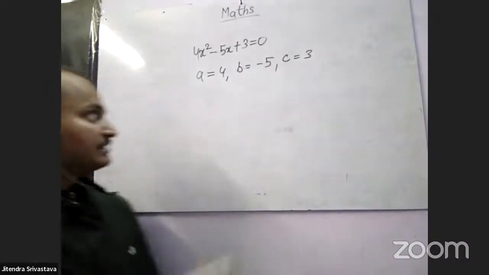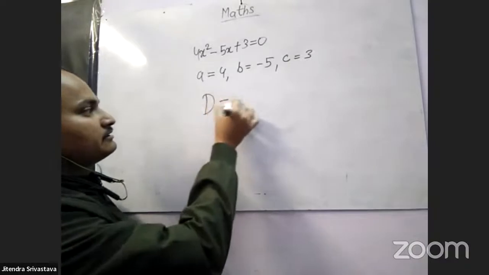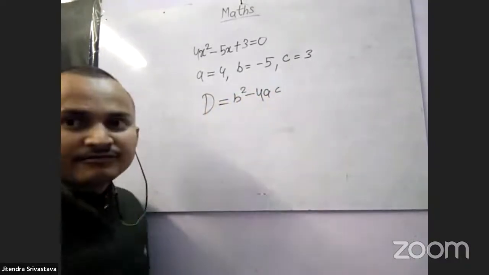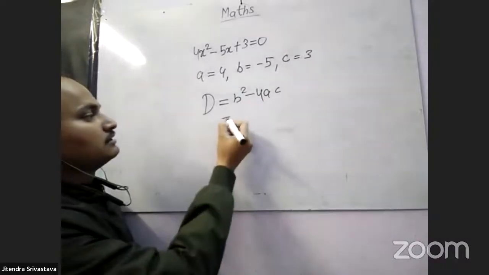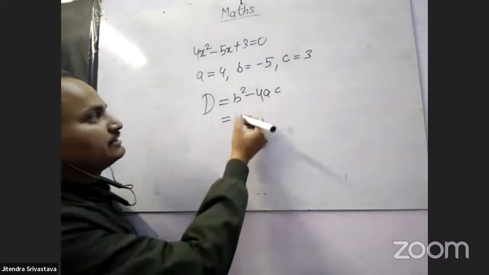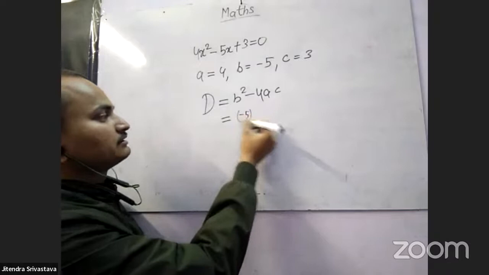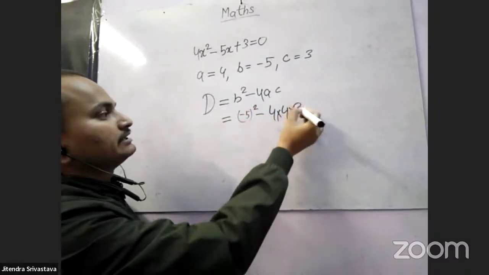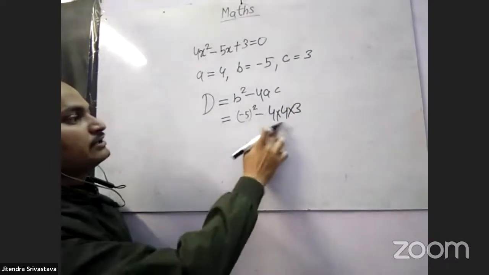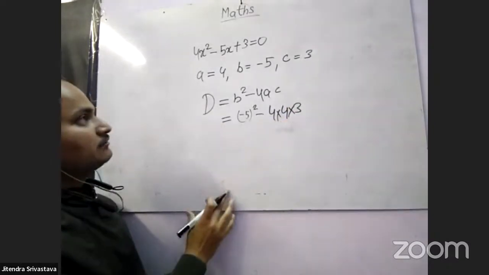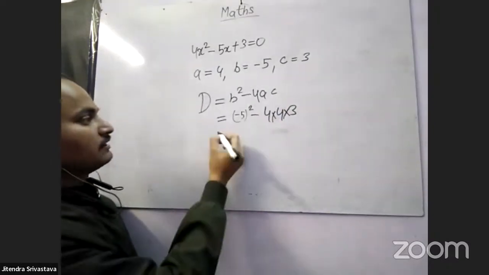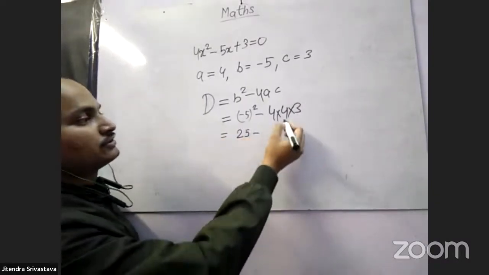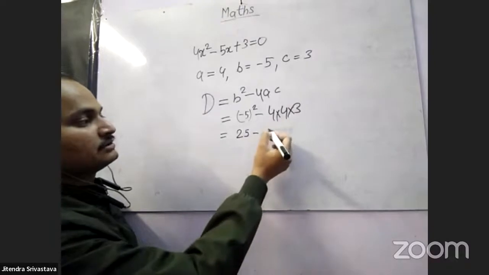The discriminant can be found by b square minus 4ac. Now the value of b is minus 5 square minus 4 into 4 into 3. Now we will open it. We will get 25 minus 4 4s are 16, 16 3s are 48.